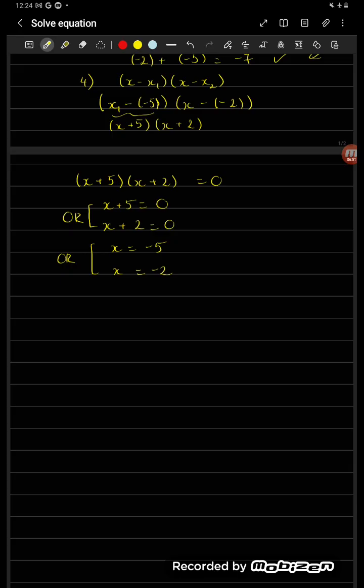So it's not a positive or negative whole number. In that case we need to use a special formula. So we'll go to case 2.